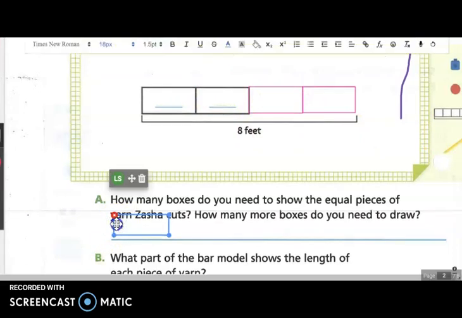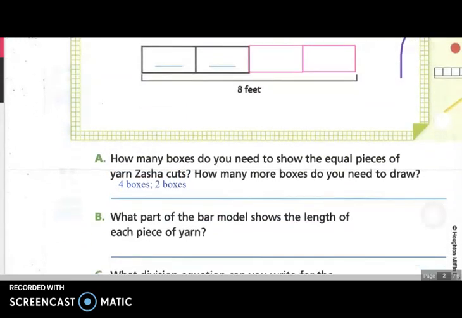Then the next question is, how many more boxes do you need to draw? How many more did we draw? 2 boxes.